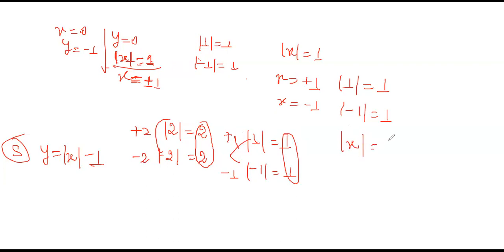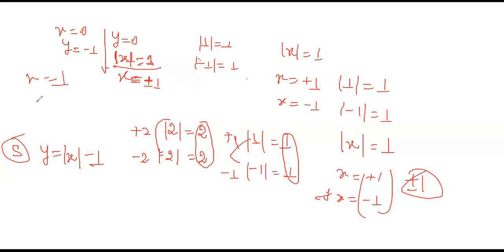Nihal, this is mod x is equal to 1. It means x is equal to plus 1 and x is equal to minus 1, both possible, so we can write combined plus minus 1. Plus minus 1 not simultaneously: one value is 1 and the other value is minus 1. They are separate.